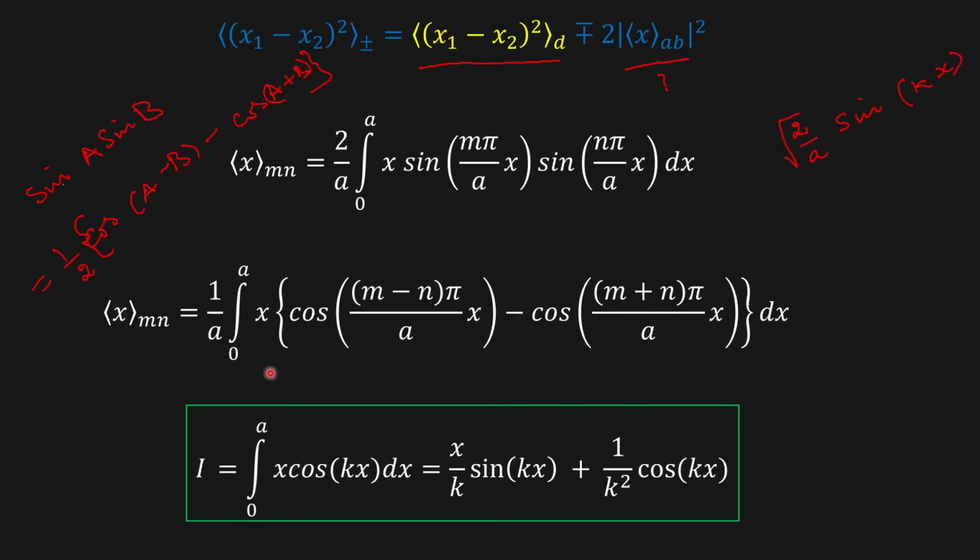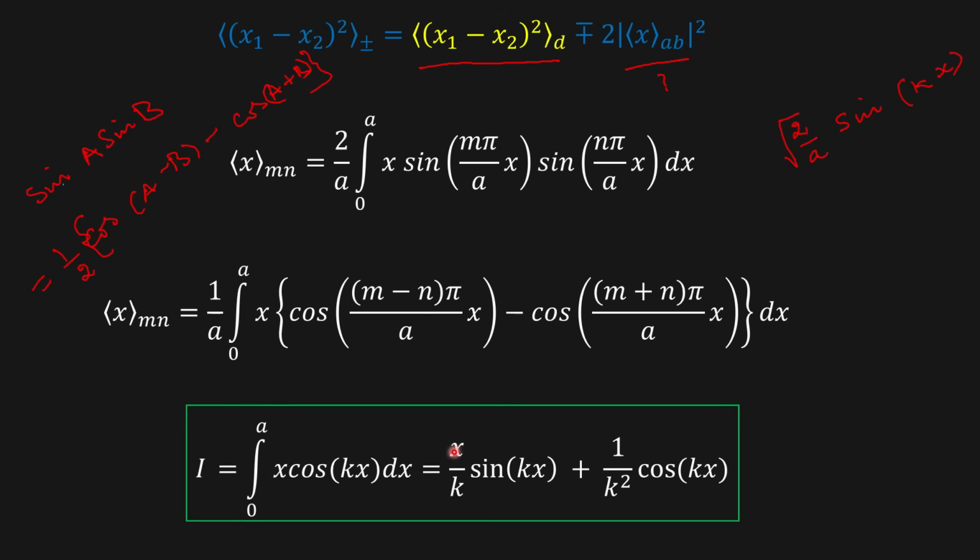You will get 1 over a, then you have x here. This can be written as cos((m minus n) pi x over a) minus cos((m plus n) pi x over a).